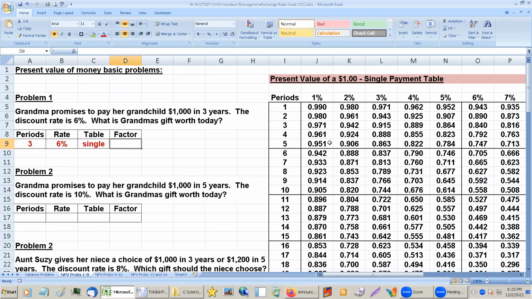The factor, 3 periods at 6%, is 0.840. So we take grandma's payment times the factor, and that equals what grandma's gift is worth.